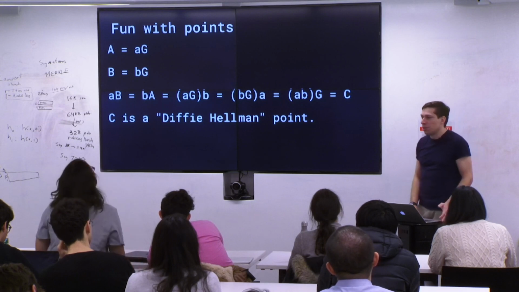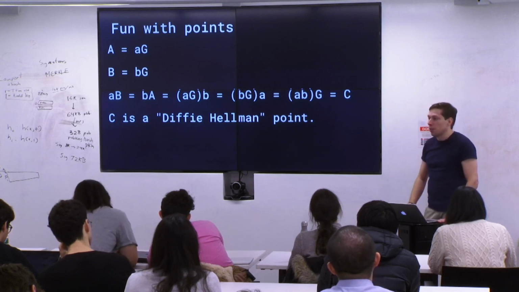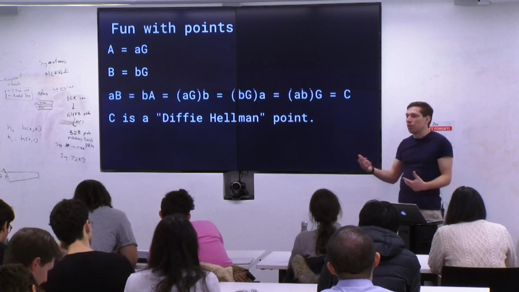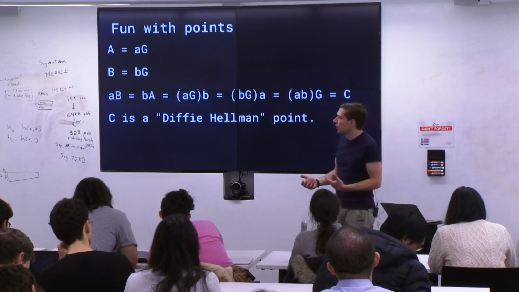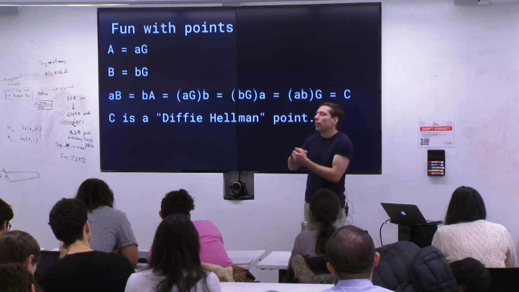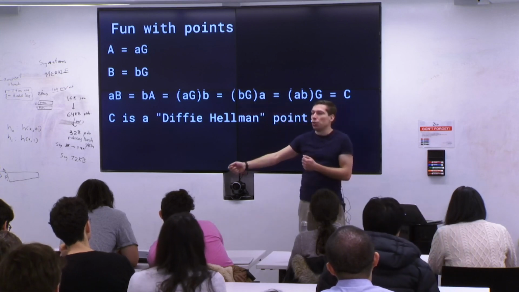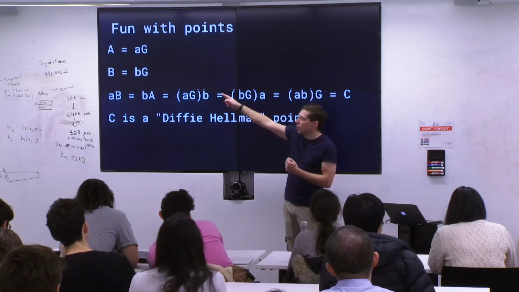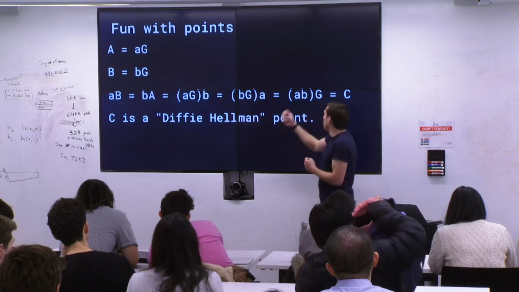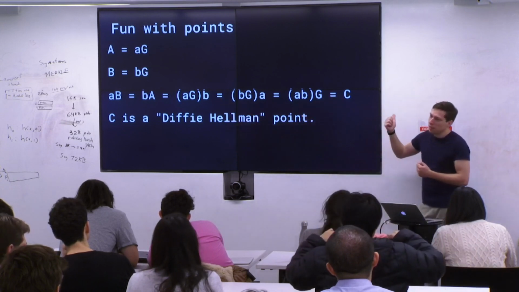You can use it to prove you are who you say you are. You can use it as an interactive verification where you say, okay, I'm Bob, I'm going to make a random point and give that to you. Prove you know your private key, little a, by telling me what C is.